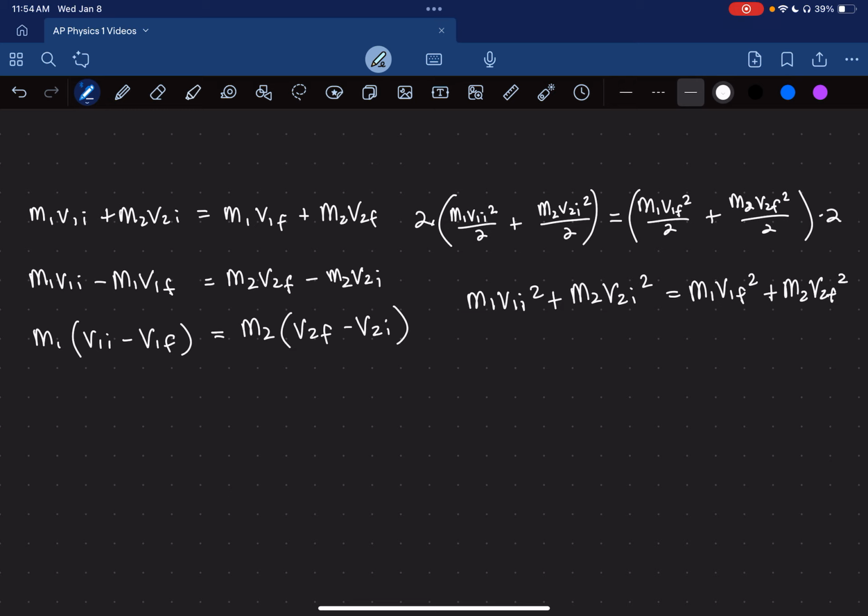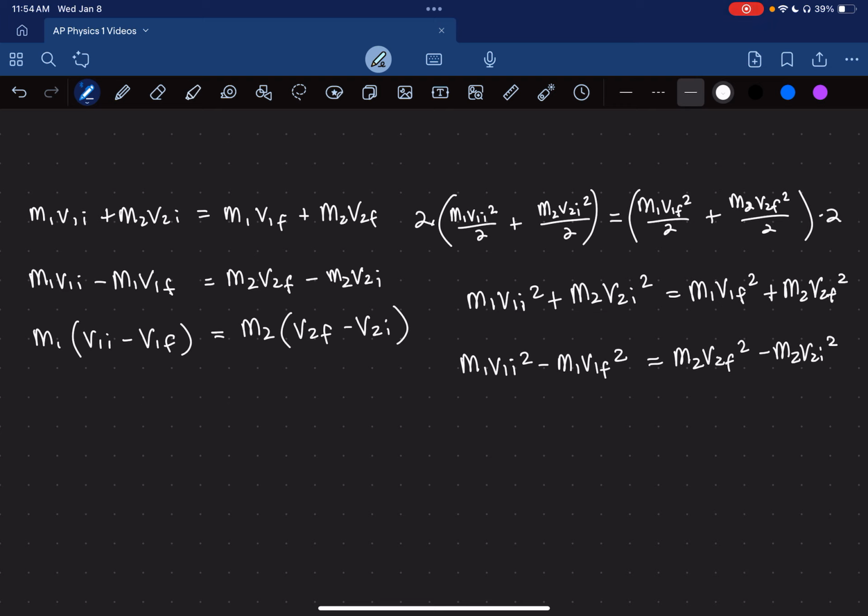Well, let's do the same thing we did earlier. Let's get all the m1s on one side and all the m2s on the other side. This is m1 v1i squared minus this term, m1 v1f squared. We're going to get rid of this here in just a minute. This is m2 v2f squared minus m2 v2i squared.